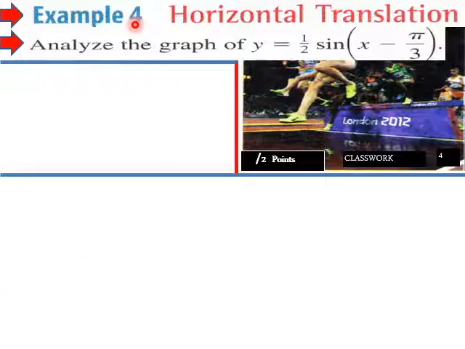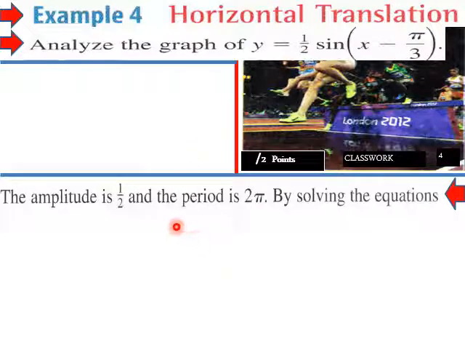Example 4, horizontal translation. Analyze the graph of y equals 1/2 sine quantity x minus pi over 3. So the amplitude is 1/2. Here's your amplitude. And the period is 2 pi, so 2 pi is 2 pi over b, which is 1 in this case.